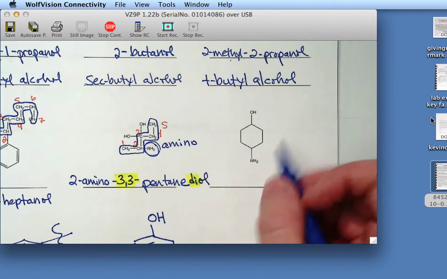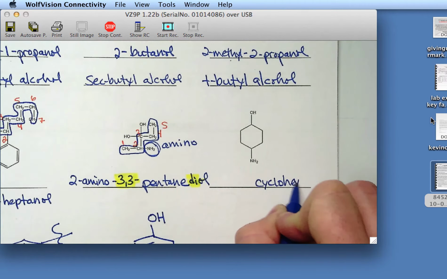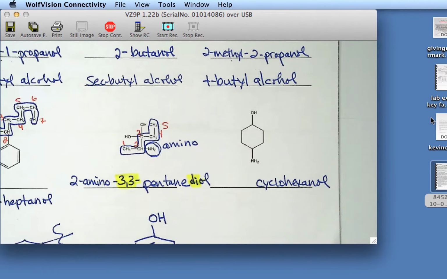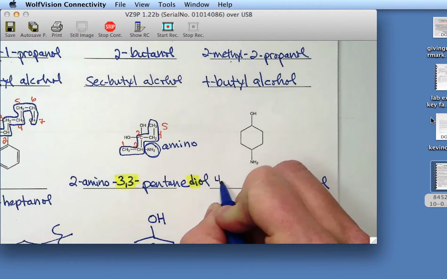So this is cyclohexanol. It's para-amino cyclohexanol, is that right? No, I can't say para because it's not an aromatic, right? It's not a benzene. I can only say 4. So 4-amino cyclohexanol.